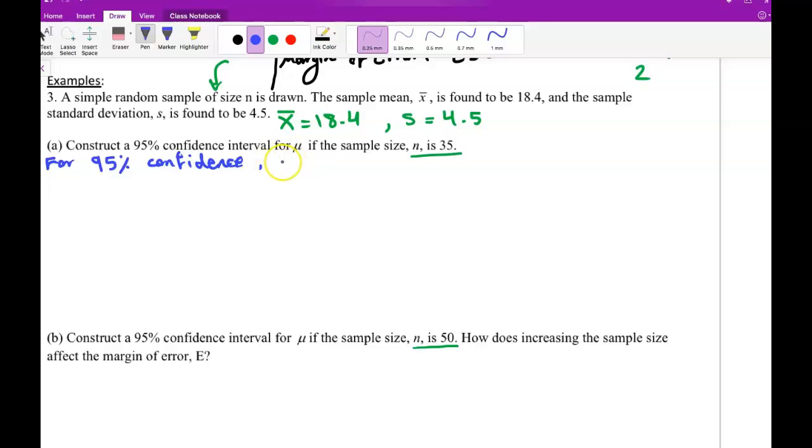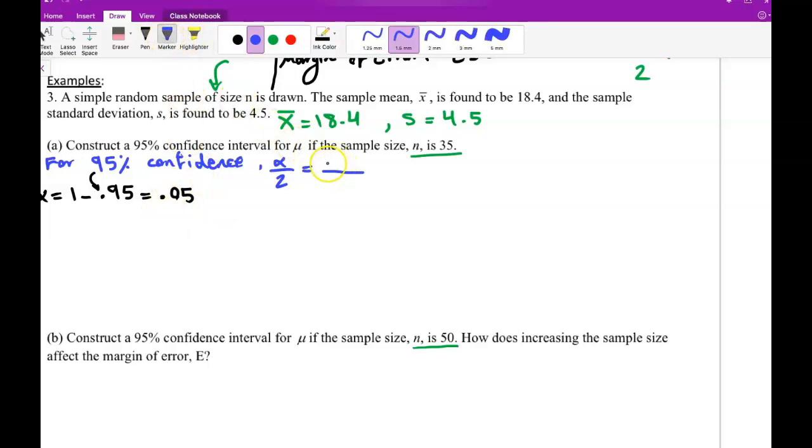So alpha divided by 2 is equal to, so how can we find alpha? Let me write that part first. So alpha is equal to 1 minus 95%, which is this one. So 1 minus 95% is equal to 5%. So this is alpha.